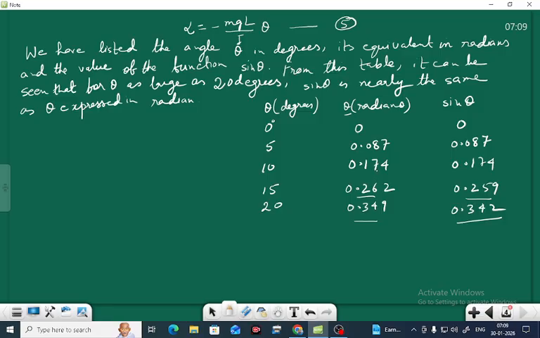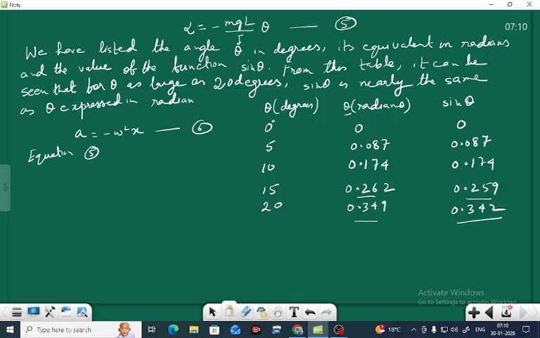So if we compare equation 5 with this equation, acceleration a equal to minus omega square x, which is simple harmonic motion, and this is alpha, so these are the same.